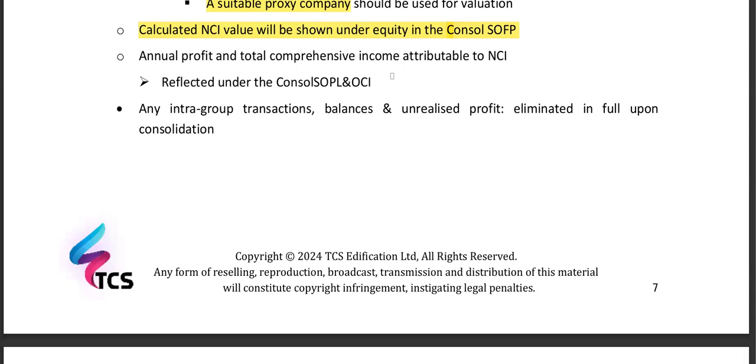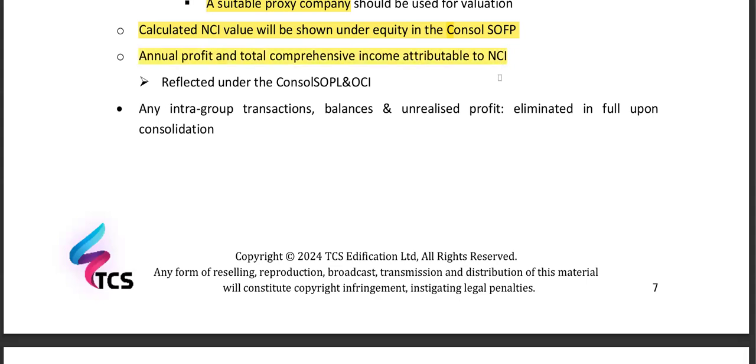So remember, if the company is owned 20% by the existing shareholders, then the annual net profit as well as the total comprehensive income will have to be split 80-20.